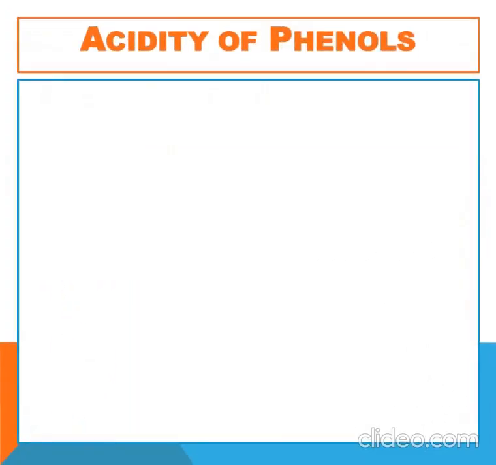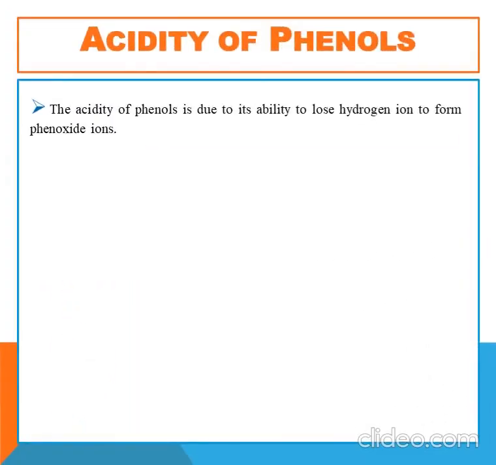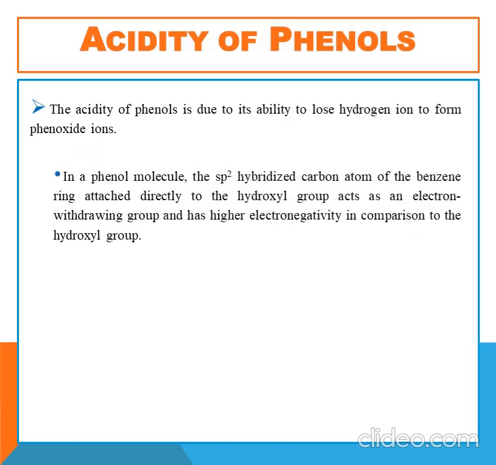Next is acidity of phenols. The acidity of phenols is due to its ability to lose a hydrogen ion to form phenoxide ions. In a phenol molecule, the sp2 hybridized carbon atom of the benzene ring attached directly to the hydroxyl group acts as an electron withdrawing group and has a higher electronegativity in comparison to the hydroxyl group.